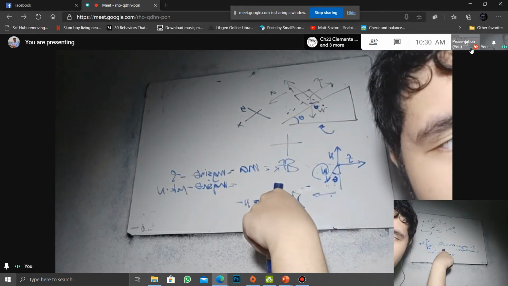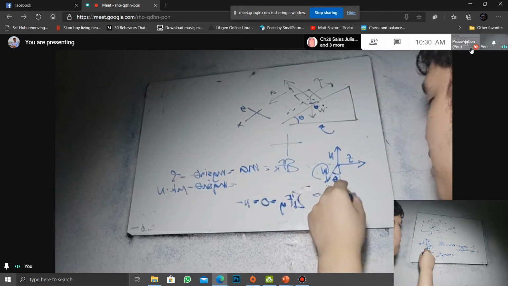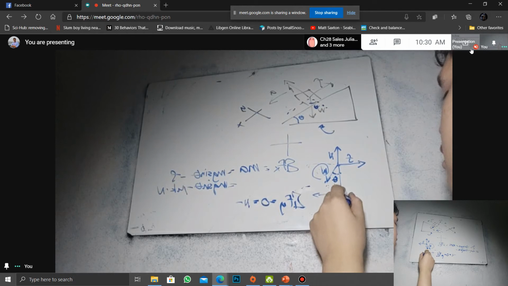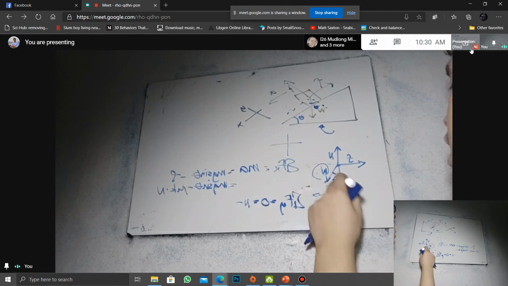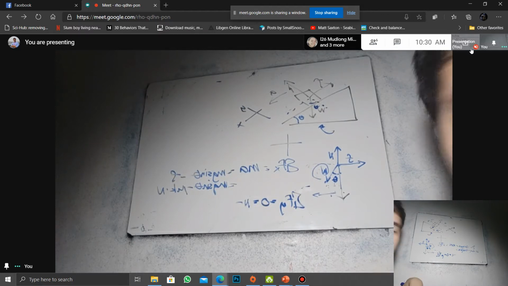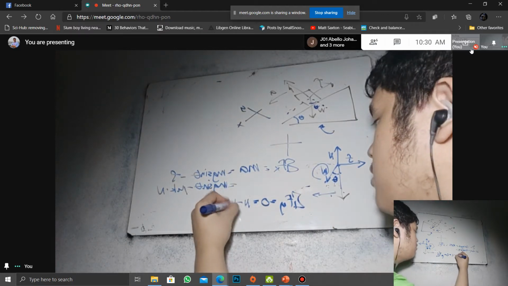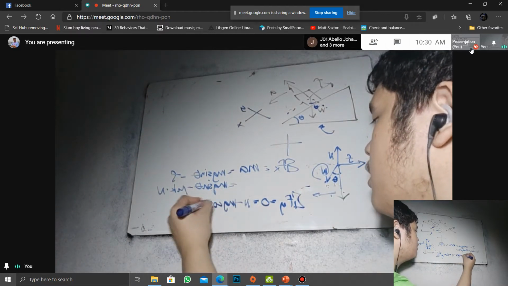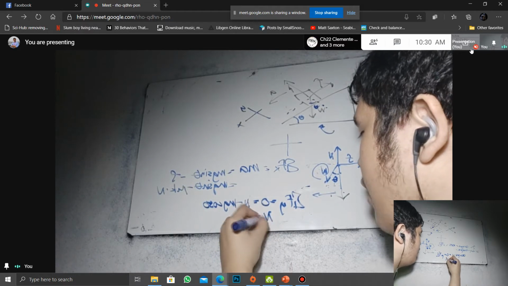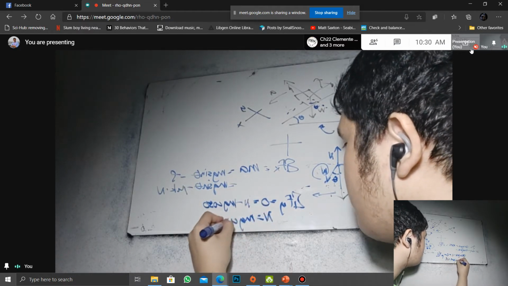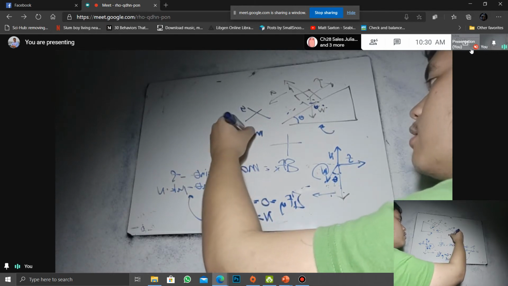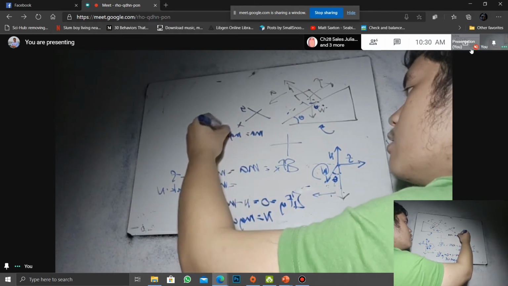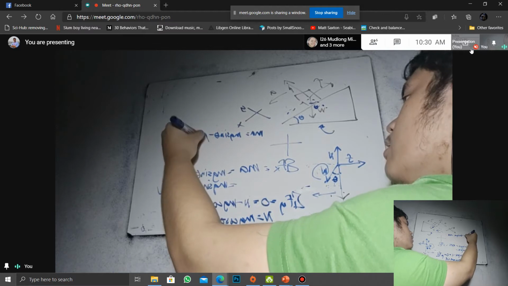Weight component going down, which is mg cosine, kasi, di ba, ito yon, which is adjacent to the weight. Diba? So, dapat cosine. Minus mg cosine theta. From here, we get N equals mg cosine theta. Ngayon, substitute dito, ma equals mg sine theta minus mu k mg cosine theta.